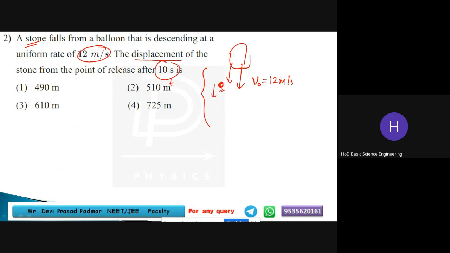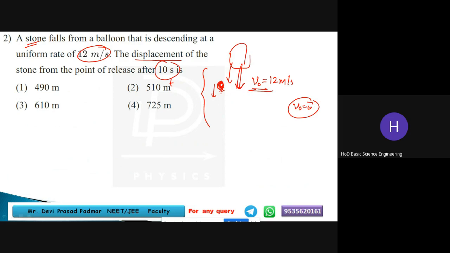In the case of free fall, when anything is dropped, you can consider the initial velocity as 0. But what happens in this particular case? The stone is dropped from a descending balloon. Therefore, you have to consider the initial velocity of this stone as the velocity of the balloon.